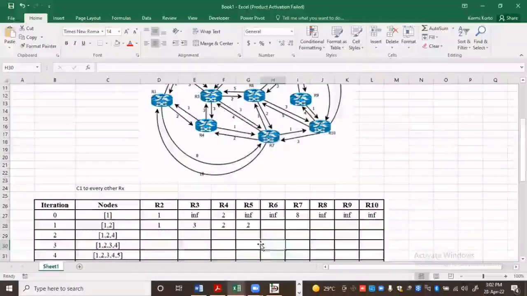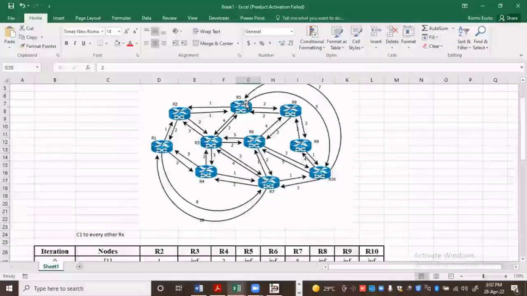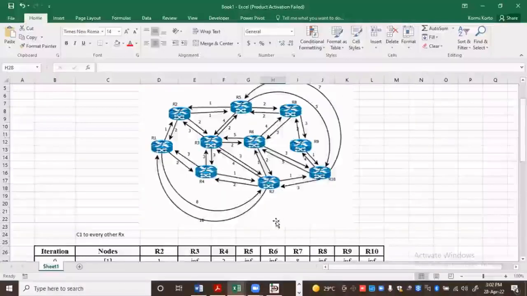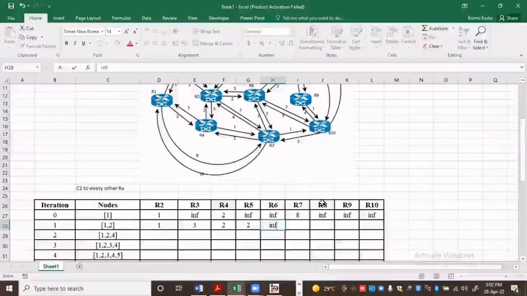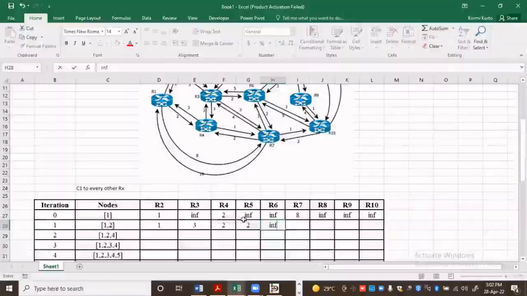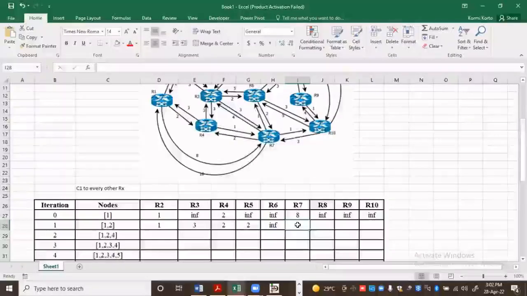You notice that it's no longer infinite because now we can actually get to R5, because we have R1 and R2 to help us get to R5. R6, on the other hand, is still far away from us, so it has to be infinite. You need at least 3 routers or 3 nodes just to get to router 6, but we only have 2. Okay, now what about 7? It will still be, obviously, 8. So it'll be this 8 over here.